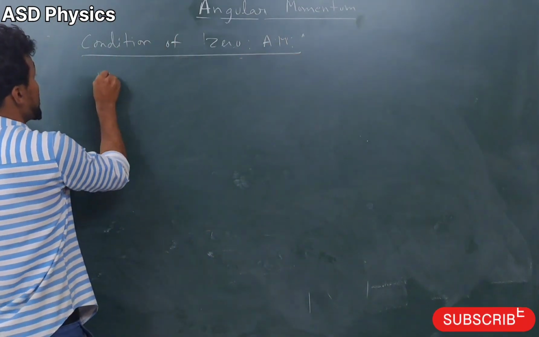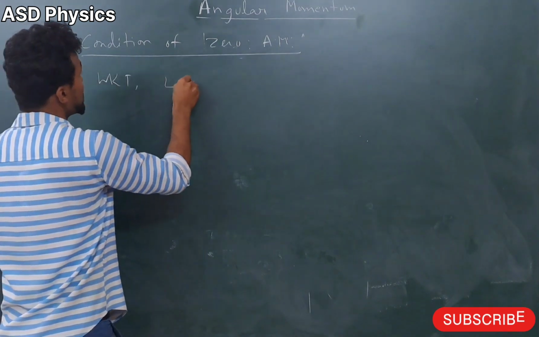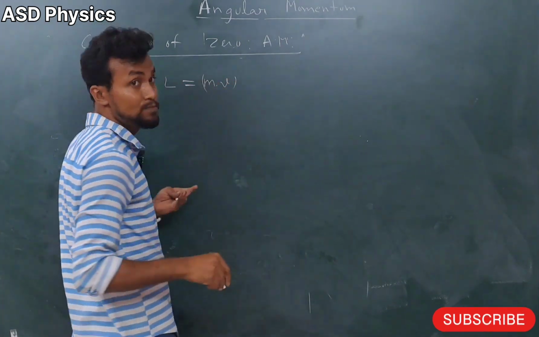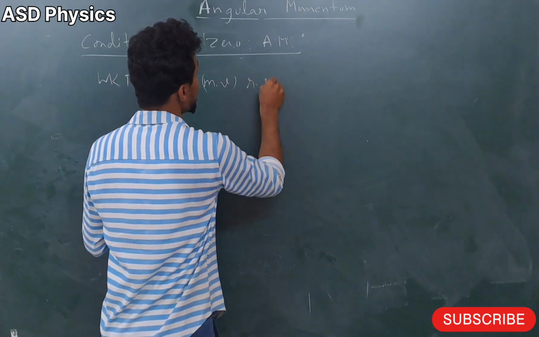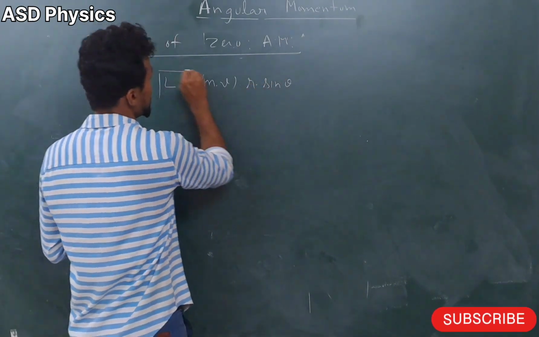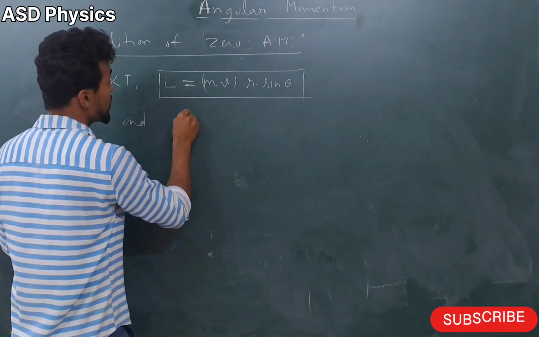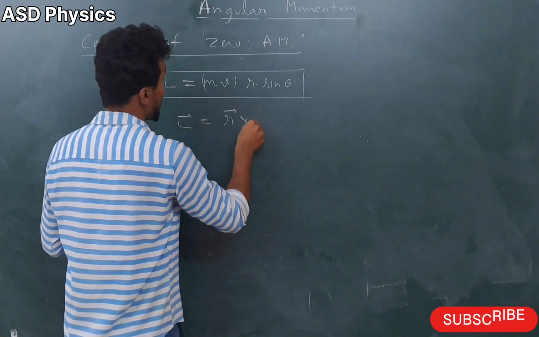We know that L is given by mv into r into sine theta, and in vector form, L equal to r cross p.